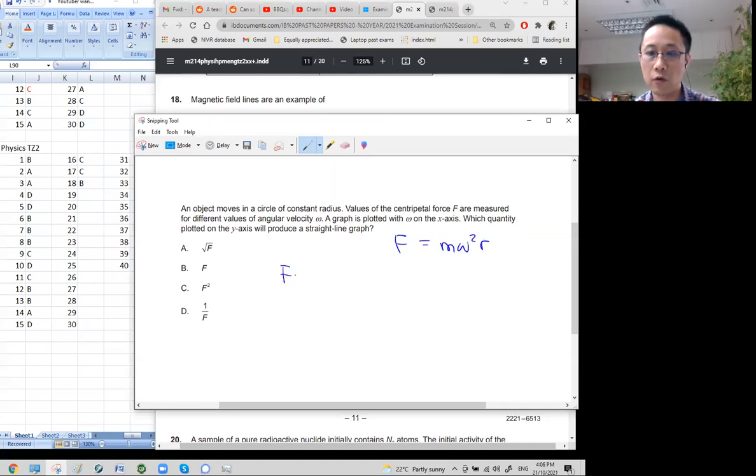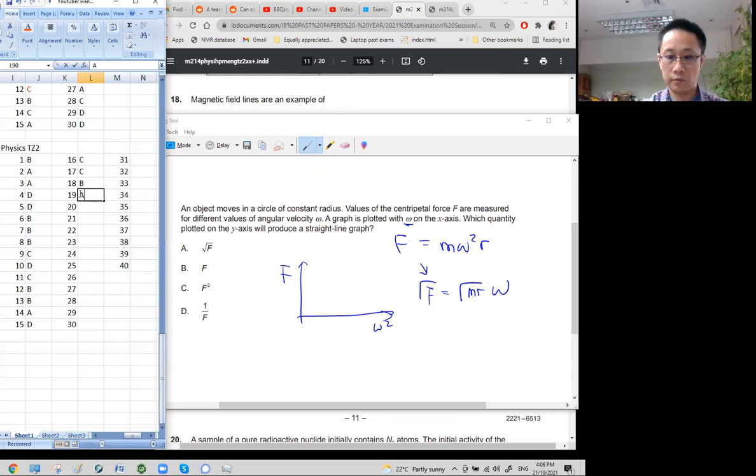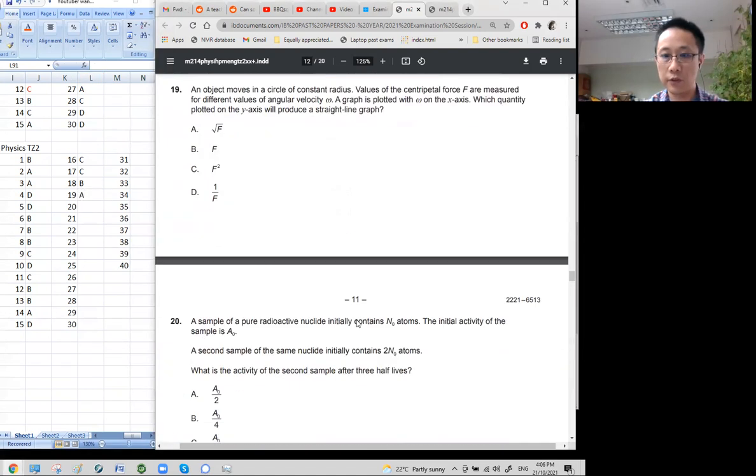If you plot F over omega squared, that's a straight line. Here you plot omega without the square, so basically just square root both sides. And the gradient of this graph would be the square root of the product of MR. But that's not what they're asking. And yeah, let's just move on.